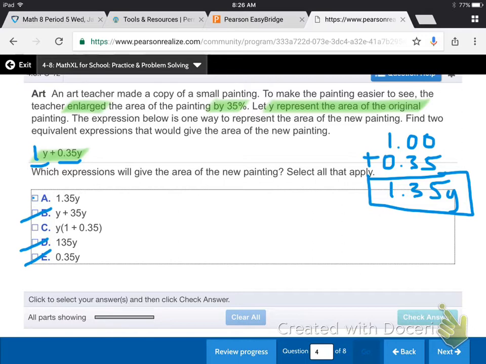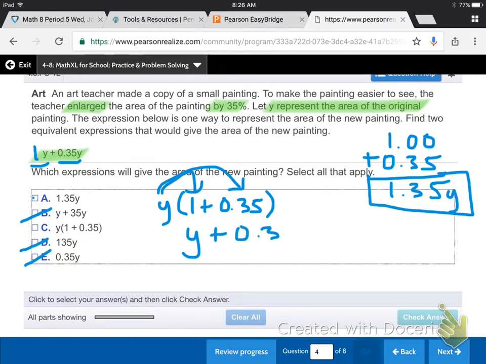So it must be C, but let's just look at C. When we distribute this expression, you'll see that y times 1 is y, and then plus y times 0.35 is 0.35y. And that's the original expression. So that's why C is the other answer.